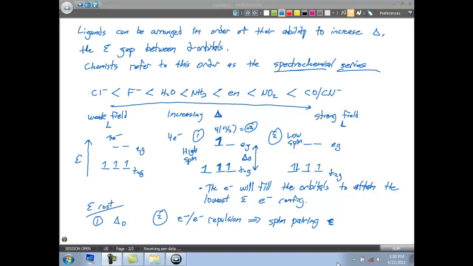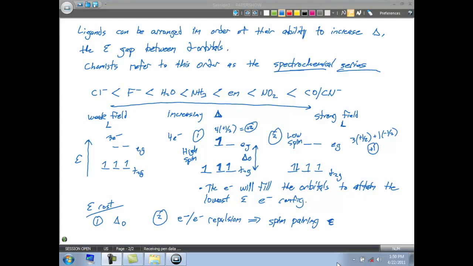In the low spin case, if we look at each of these electrons, 3 electrons have a +1/2 spin, and 1 electron has a negative 1/2 spin. So our overall spin here is going to be +1. This is why we call one case high spin and another case low spin.